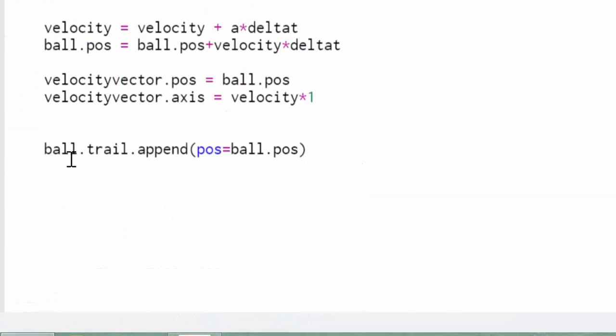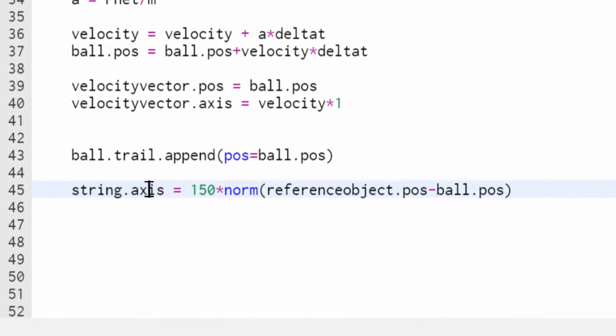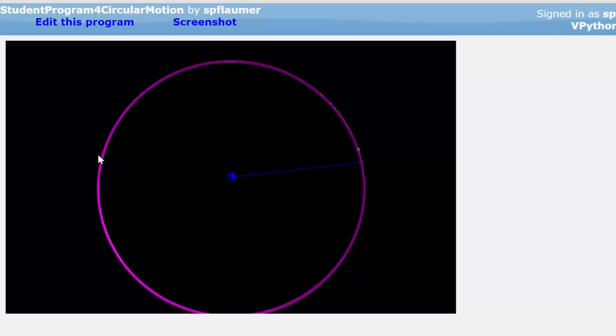One easy way to do that is in your while loop. If you write a statement like this, the axis is the size and the direction of which way the cylinder points. So mine, for example, is 150. And then times, again, this is the part that says basically it points inwards from the ball towards the center. That's what the norm does. So it gives it the direction. And so then all in all, when you get it running, it should look something like this.